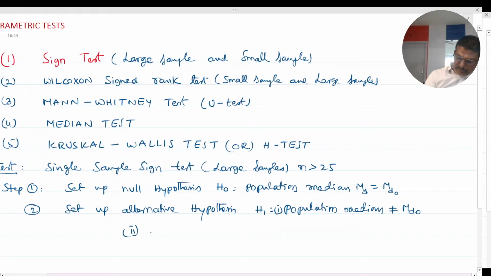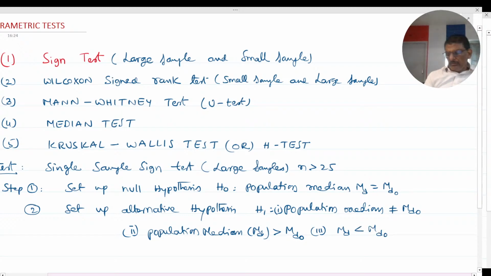Second case, population median Md is greater than Md naught, or Md less than Md naught. One tail test. Not equal to means two tail test.